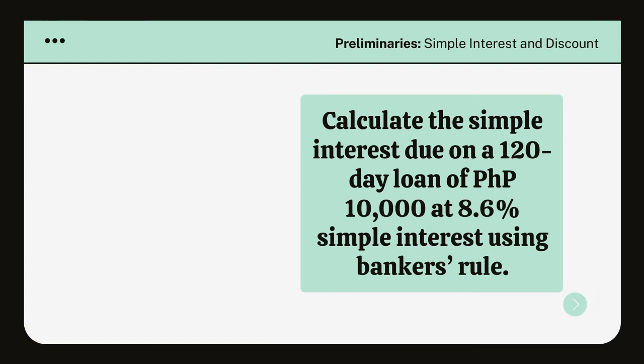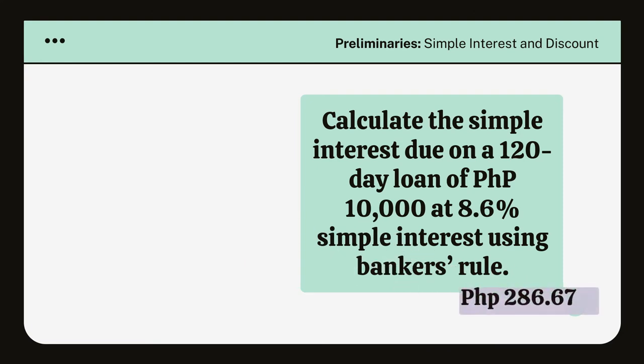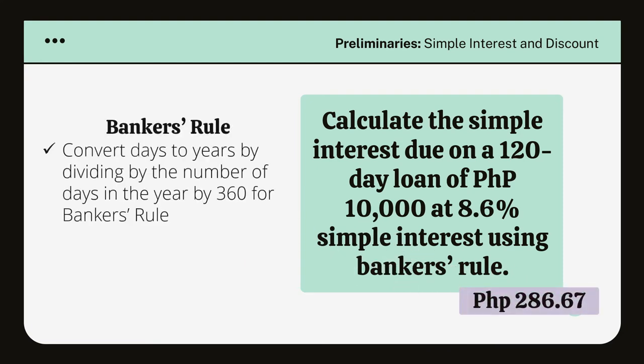Calculate the simple interest due on a 120-day loan of 10,000 pesos at 8.6% simple interest using the banker's rule. All right. The answer here is 286.67 pesos. Okay, banker's rule. Banker's rule states that instead of using 365 days, you're going to use 360 days.